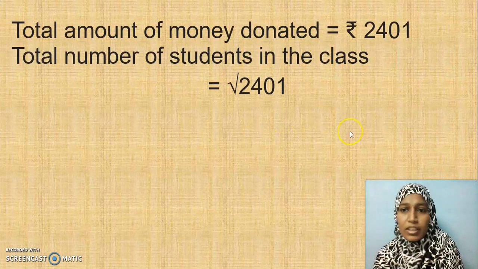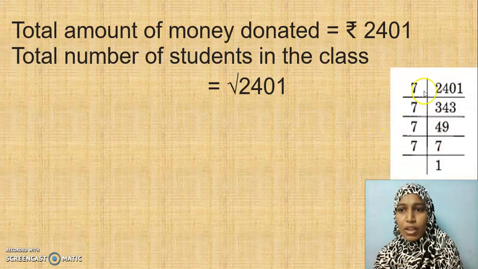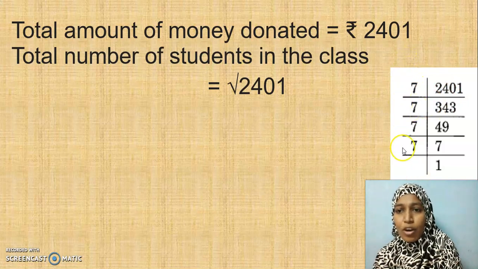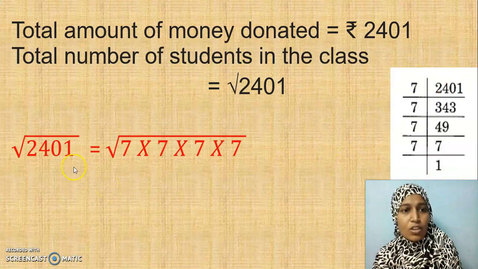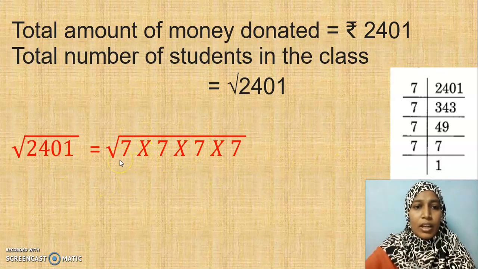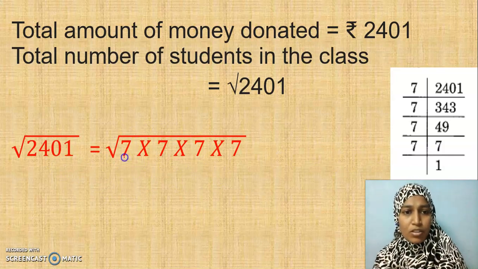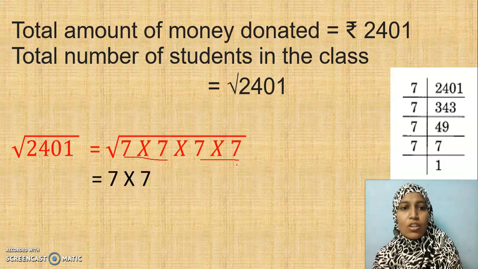Very good children. To find the square root, we can go in for the same prime factorization method, and I found it to be 7, 7, 7, 7. It is a product of 4 sevens. So to find its square root, I consider one 7 for each pair. So for these 2 sevens, I will get 7. For these 2 sevens, I will get 7. So I get 7 sevens are 49.